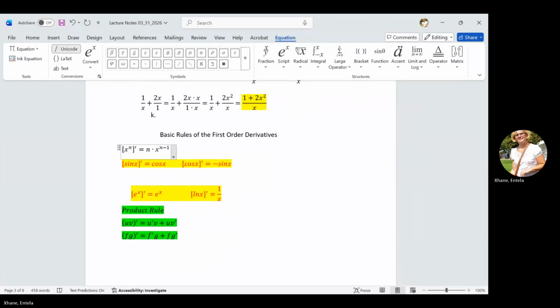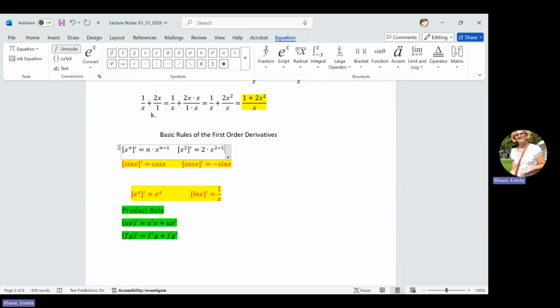And then in that particular group, I would like to discuss a couple of special derivatives, such as the derivative of x to the power 2. The exponent is 2 in this case, so you're going to bring 2 in front of it. You're going to multiply this by x to the power 2 minus 1, so you reduce the exponent by 1.